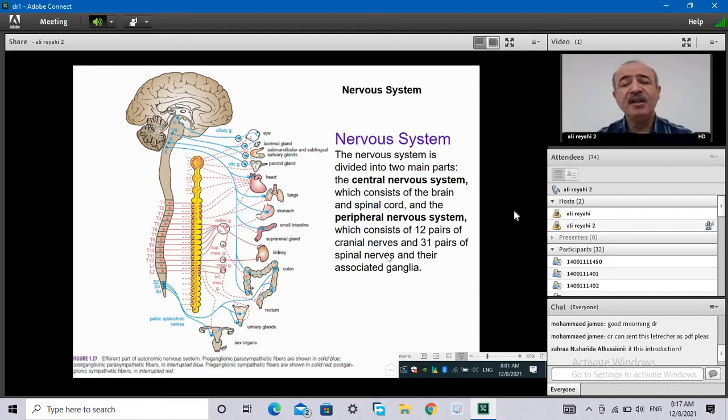There are 12 pairs of cranial nerves and 31 pairs of spinal nerves that reach to the other organs, to the muscles or internal organs. It's called the peripheral nervous system.